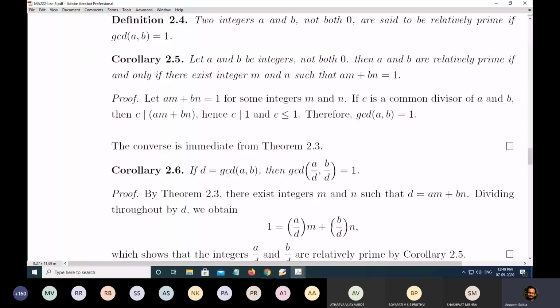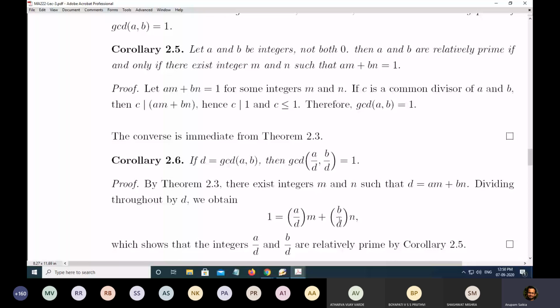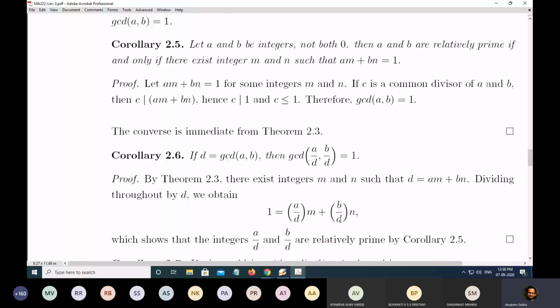But we are not interested in M and N, because otherwise any common factor would divide 1. We are interested in A/D and B/D, which have to be co-prime, relatively prime. Relatively prime and co-prime are, of course, the same thing.